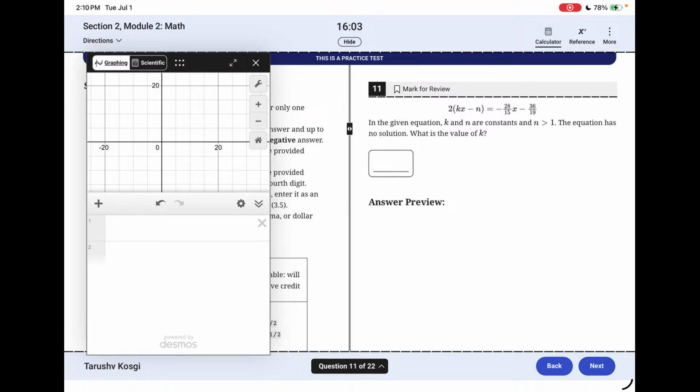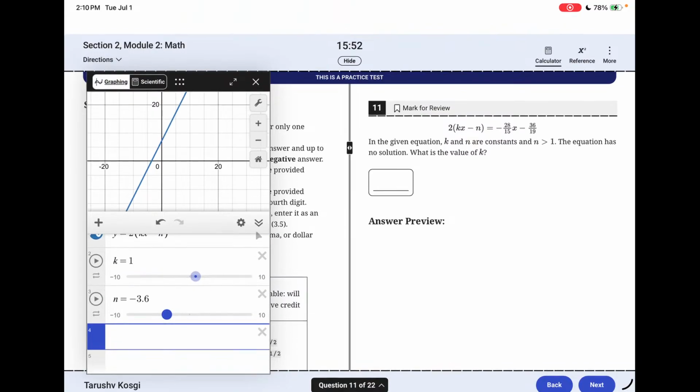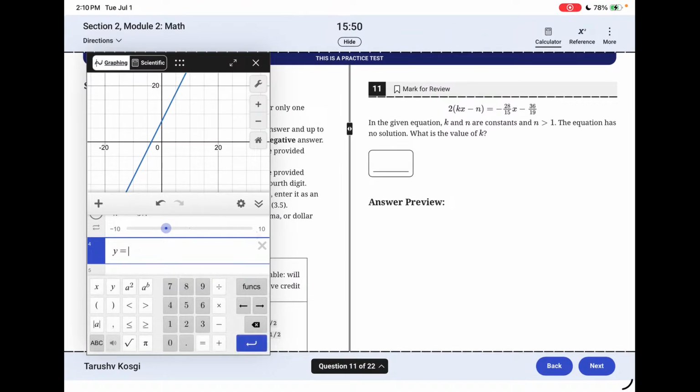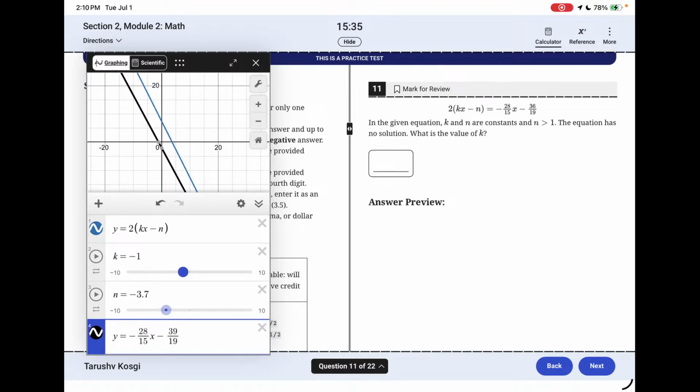So let's go here. Y equals 2kx minus n. Y equals negative 28 over 15x minus 36 over 19. Okay, now we just do it until it's parallel.